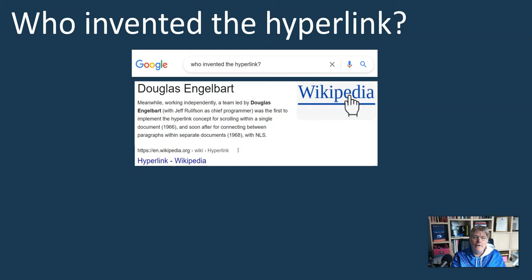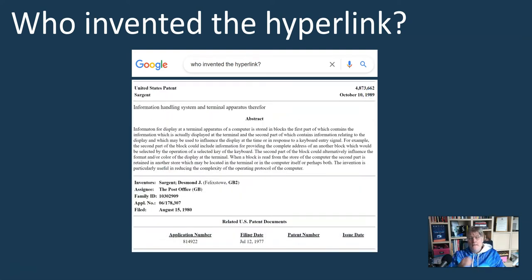But the person that we're interested in is this guy. This is Desmond J. Sargent from the British Post Office in Felixstowe in 1980. They filed in 1977 and got awarded a patent in 1980 for the hyperlink in the United States Patent Office.